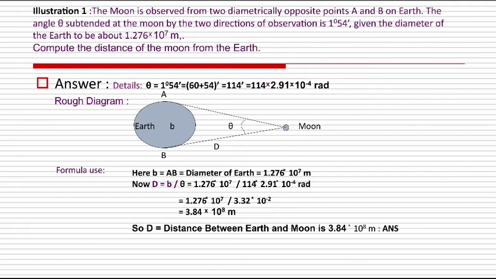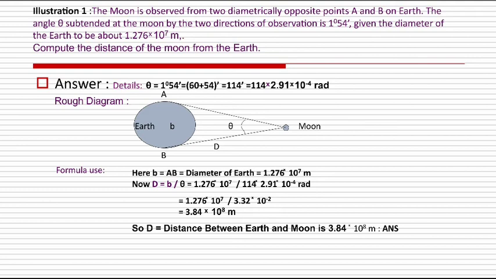So here the details are given. Theta angle is equal to 1 degree 54 minute, which is 60 plus 54 minute, meaning 114 minute. That means theta is equal to 114 into 2.91 into 10 raised to minus 4 radian.